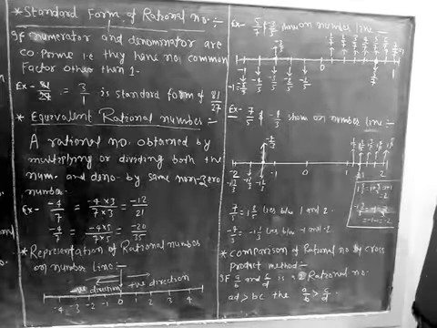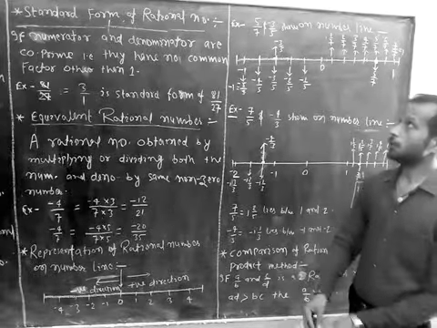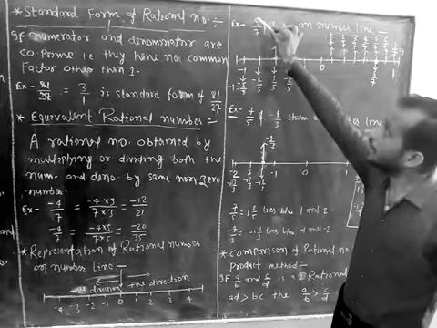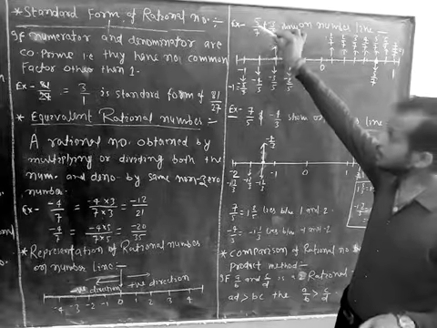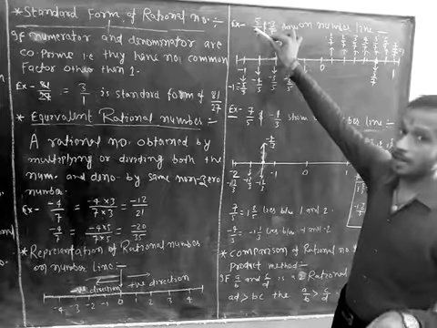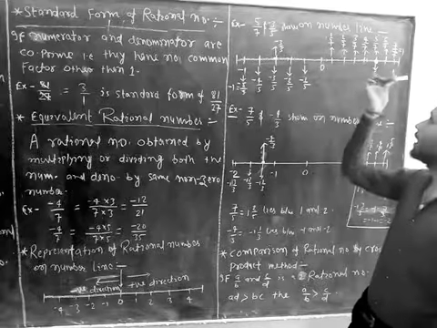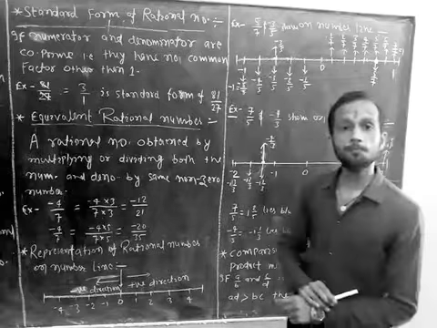We know that if the numerator is less than the denominator, then this rational number always lies between 0 and 1 or 0 and minus 1.